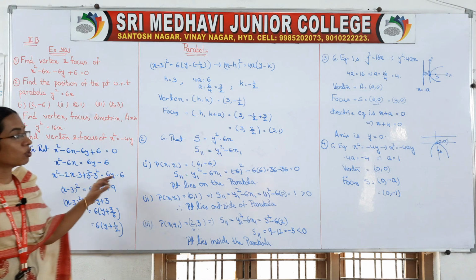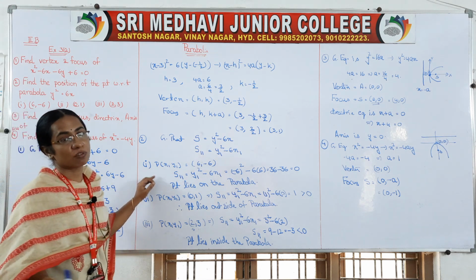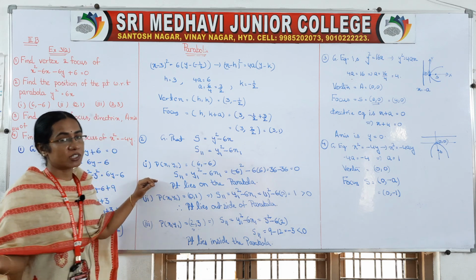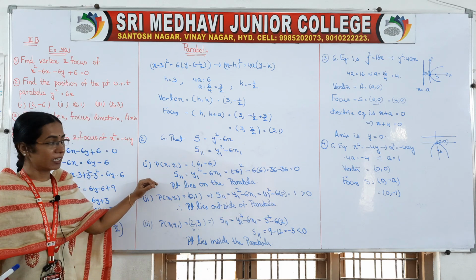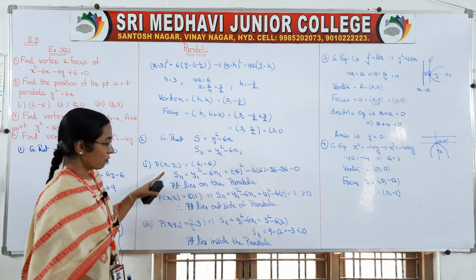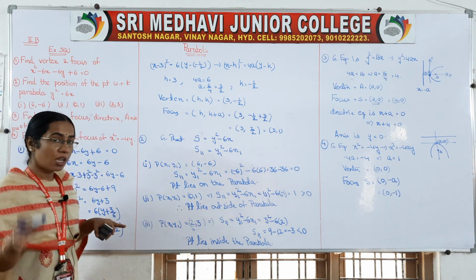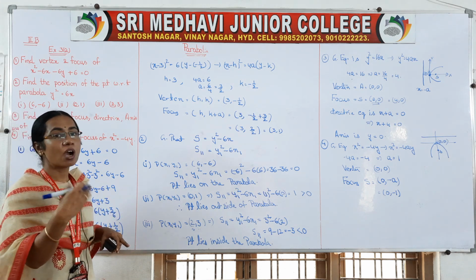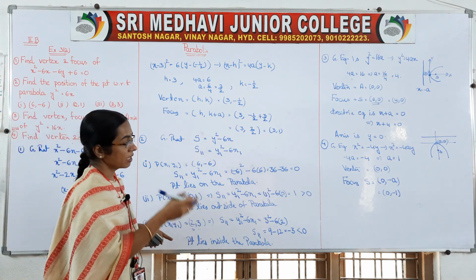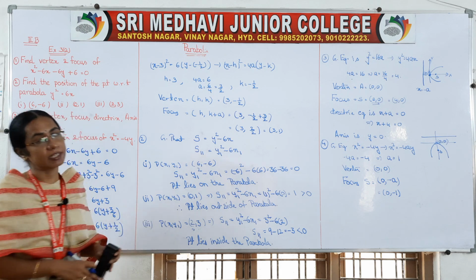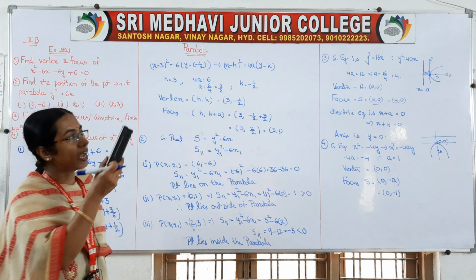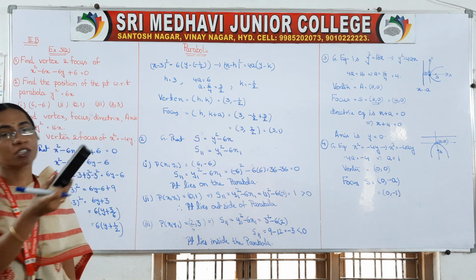Okay. Next one is locating the position of a point, whether the point is on the parabola, outside the parabola or inside the parabola. For that, if S11 is equal to 0, it lies on the parabola, if S11 is greater than 0, it is outside, and if S11 is less than 0, it is inside the parabola. Next, the third question, y square is equal to 16x.